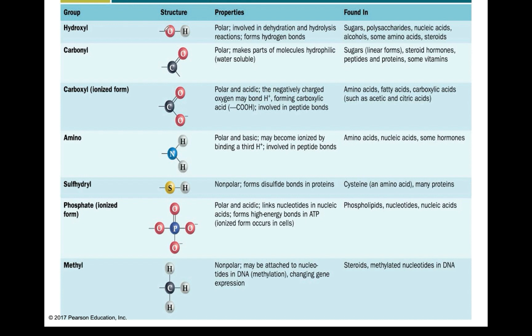And you can see this hydroxyl ion when a water molecule is dissociated into a hydrogen ion and a hydroxyl ion. This hydroxyl group is very active. Its characteristic is polar and it actively participates in chemical reactions.